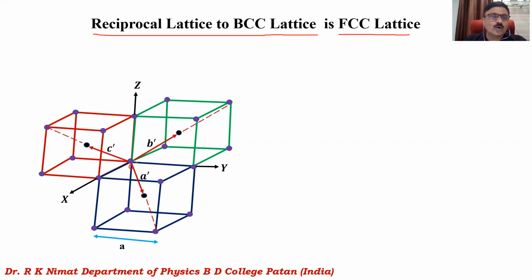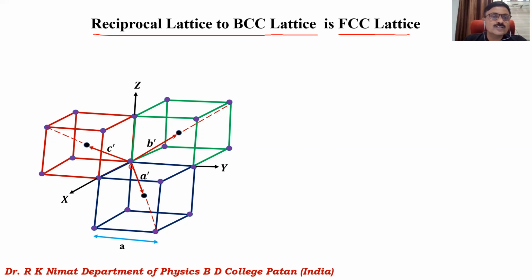So we have drawn this vector a dash, which originates from O and terminates on the body centered atom. Likewise, this is a b dash vector, and this is a c dash vector, and we can construct the unit cell from these three primitive translational vectors of this body centered cubic lattice.